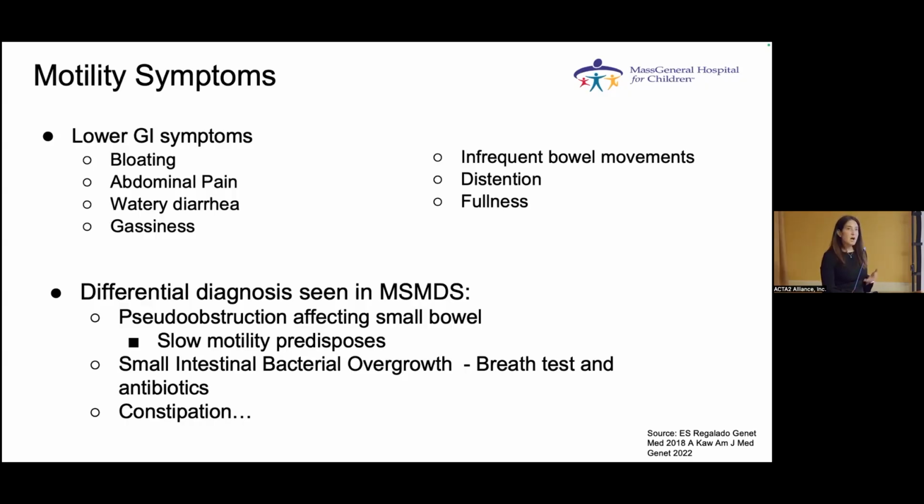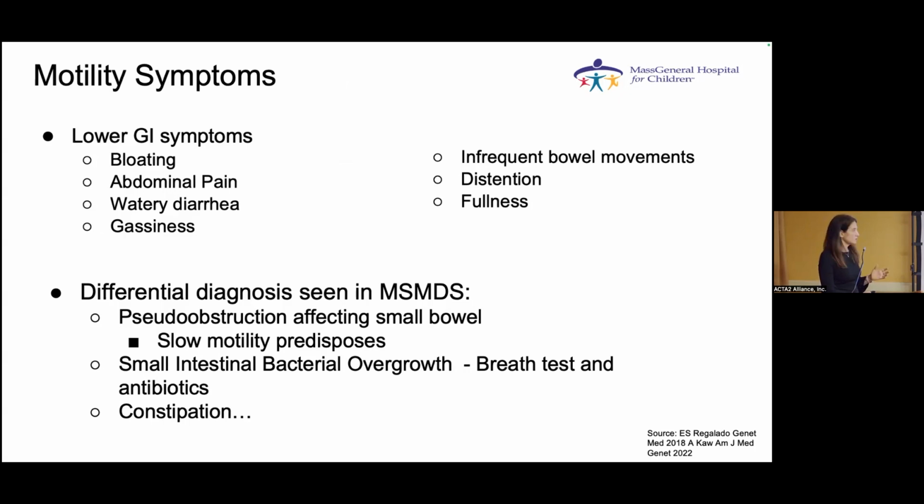So now to spend some time talking about the lower GI tract, where we have the most symptoms. Patients can present with all different types of clinical symptoms, including bloating, abdominal pain, watery diarrhea, gassiness, infrequent bowel movements, distension, and fullness. There are multiple differential diagnoses within these patients that we think about.